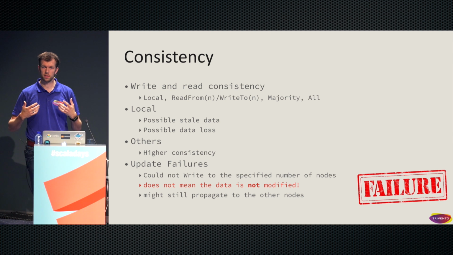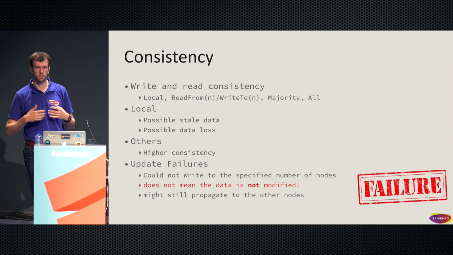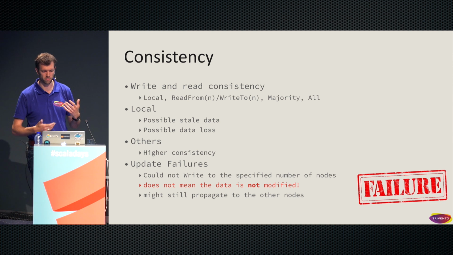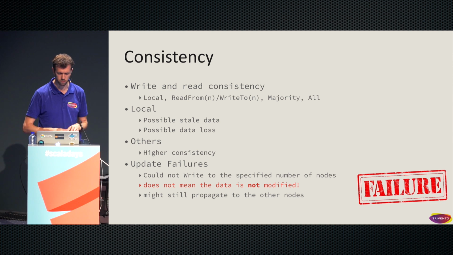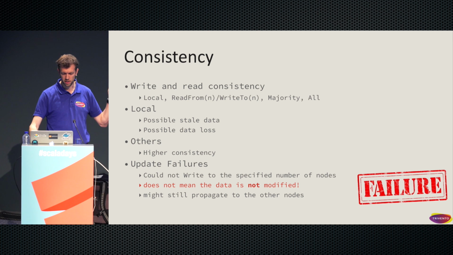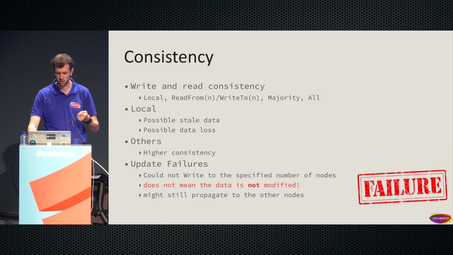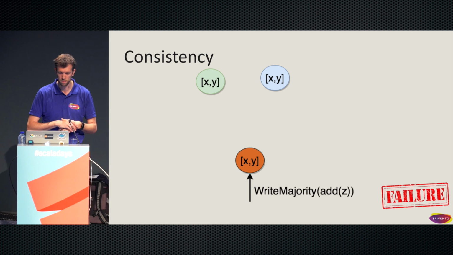But there are all different failure scenarios, which might mean that it didn't get that far, or it did get that far, so you're not really sure. So as stated in red here, a failure getting back from the replicator might not mean that it's not applied. And I will show you in the next slides what that means.